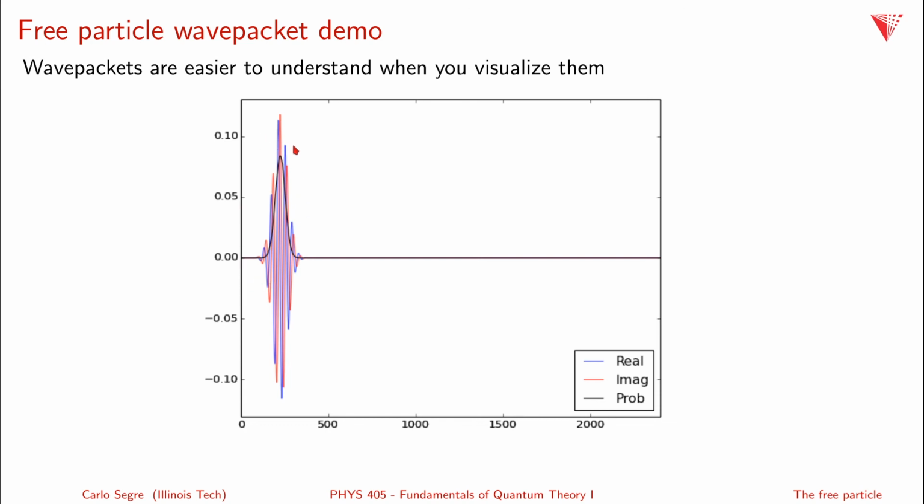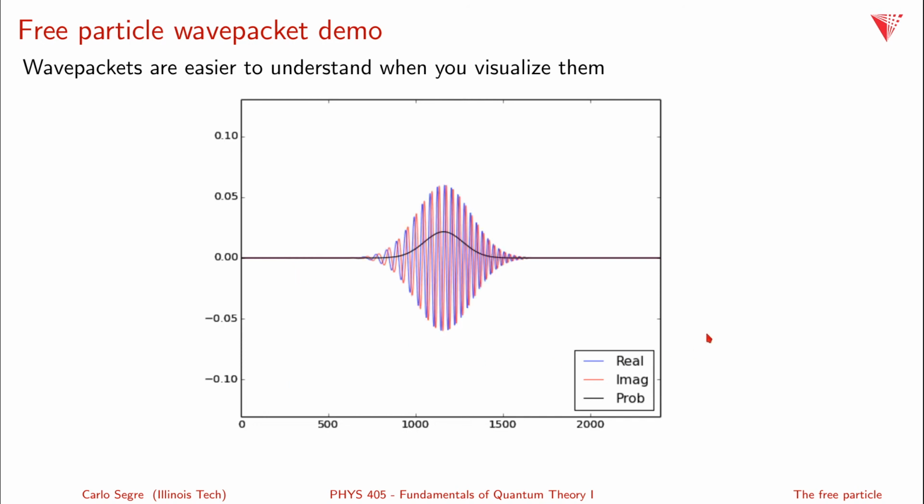So if we start this wave packet looking like this at t equals 0, it's a superposition of a bunch of the stationary states, that is the traveling waves. At a time later, you notice that it spreads and its amplitude goes down.